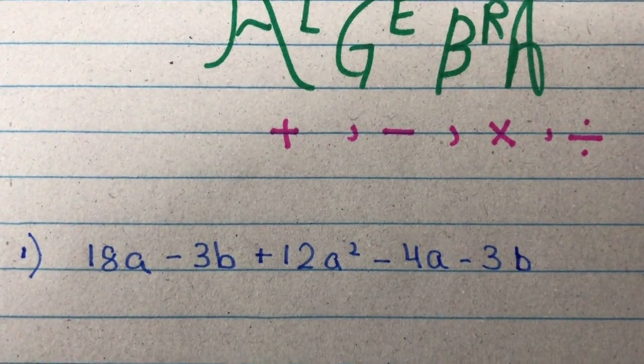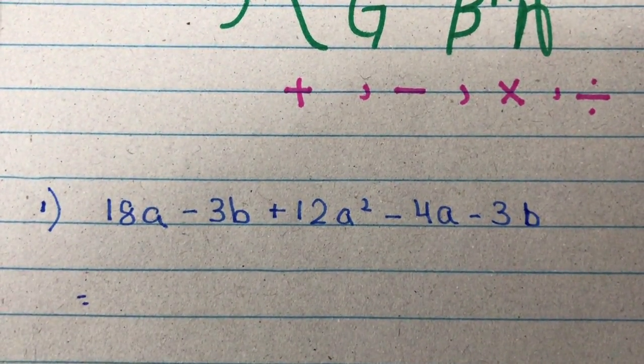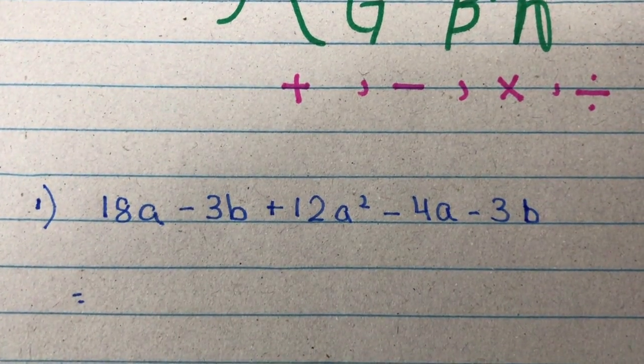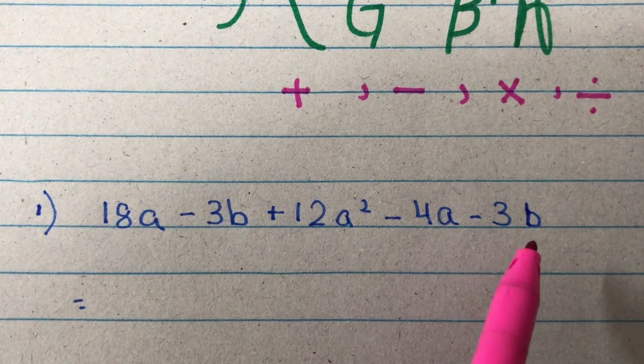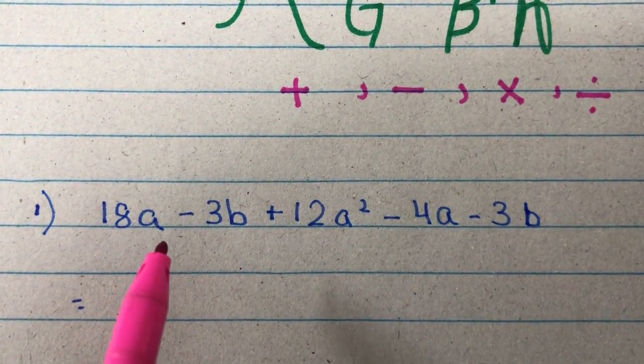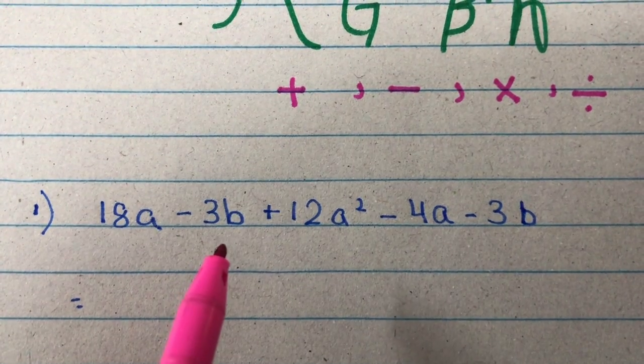All right, now here, first of all, what is our aim? Our aim is to choose the like terms, right? In addition and subtraction, we see there is no multiplication here, no division here. So in addition and subtraction, we first choose the like terms, right?